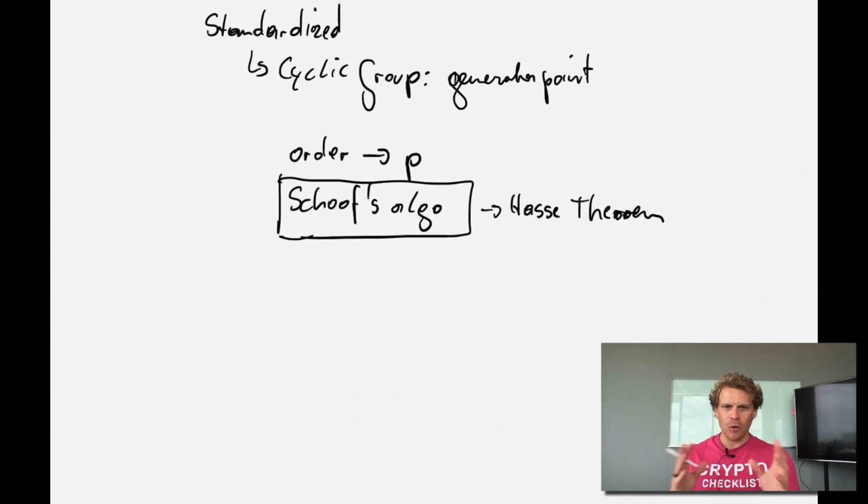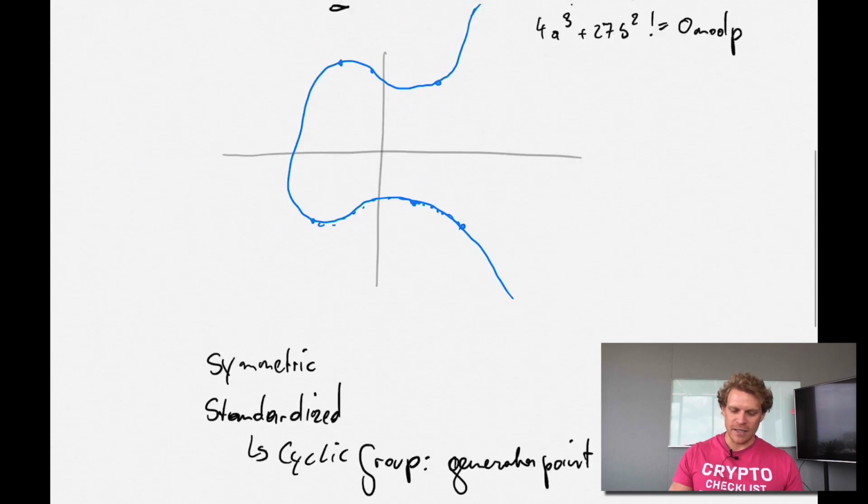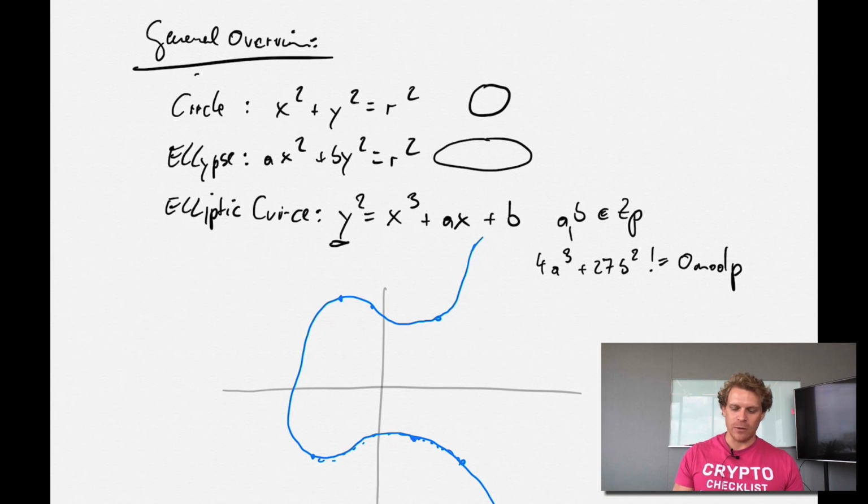For example, if we look at the Bitcoin curve, then we have a equals 0 and b equals 7. If we fill this in, then we have y squared equals x cubed, this is 0, plus 7.